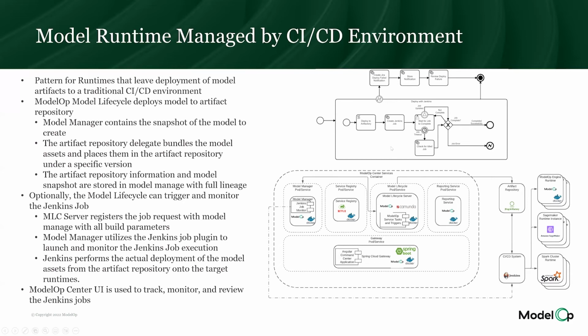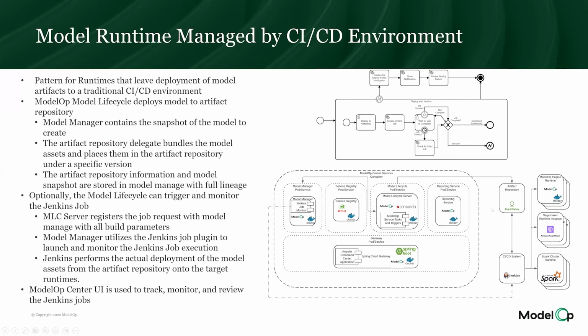And then further, because we have our integrations with Jenkins, we would then trigger the Jenkins job to do the deployment from a standard Jenkins deployment. So that could be into a Spark runtime, it could be to a ModelOp runtime, it could be into SageMaker, it could be into your own proprietary systems. But once we trigger that Jenkins job, its outcome will once again be associated with that deployed model object in our system.